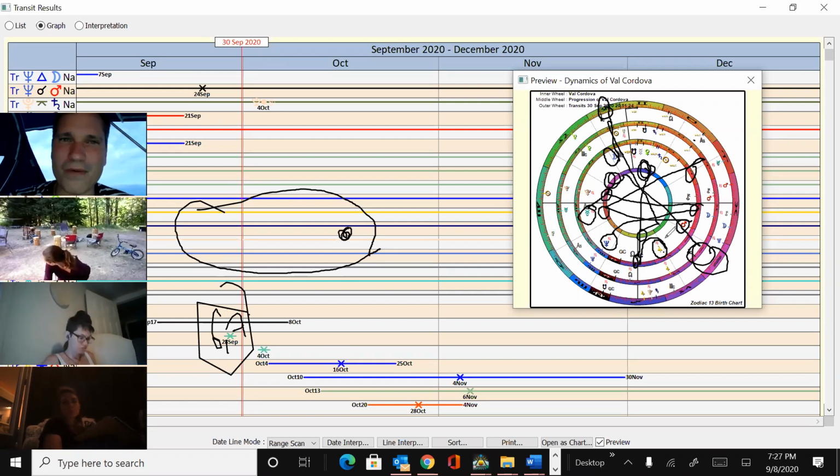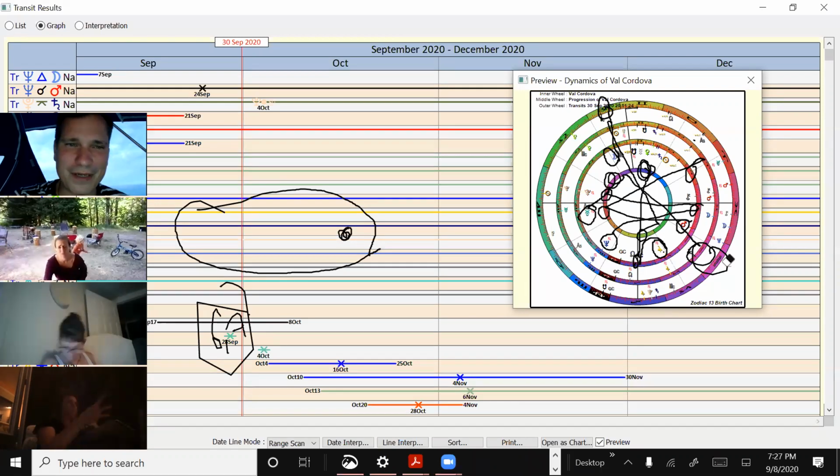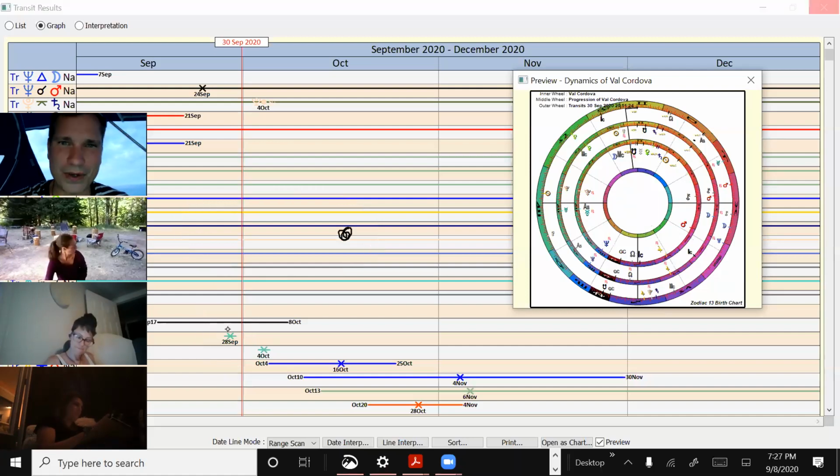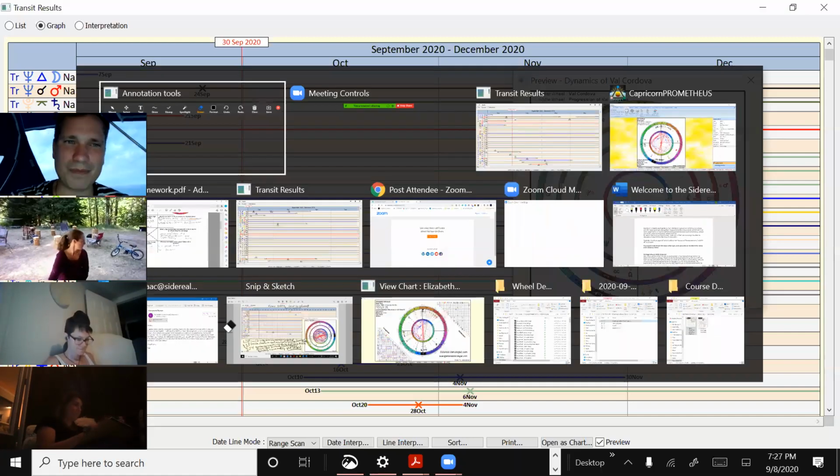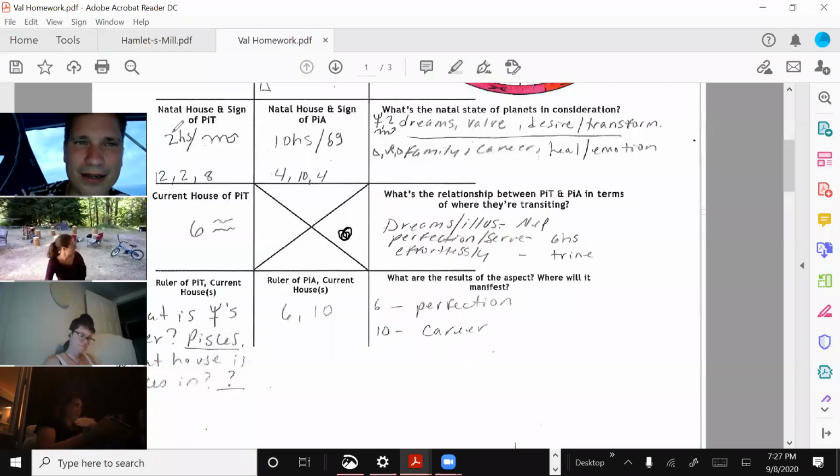What you're trying to do is pinpoint the areas of influence, like what could possibly be affected. And this is why we do the sheet, and this is why we write. Let me see if I can go up a little bit.